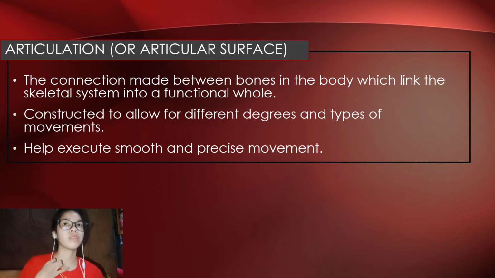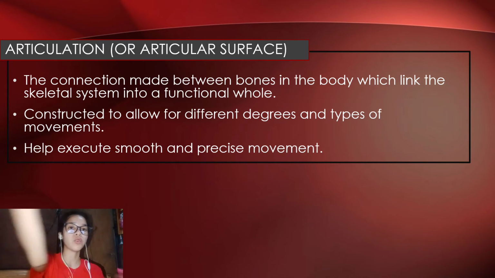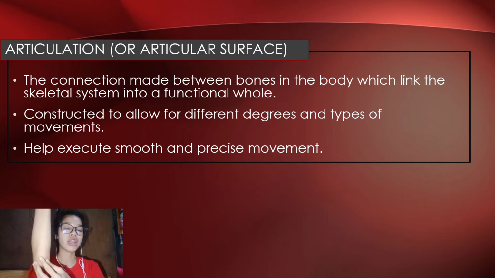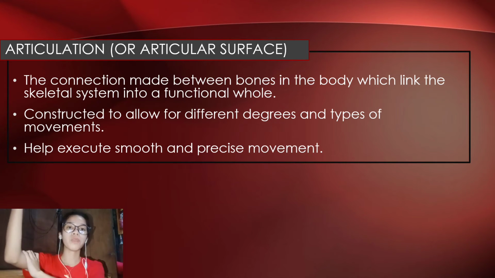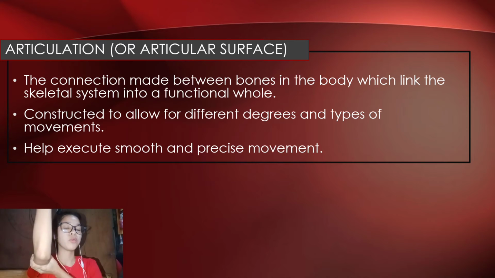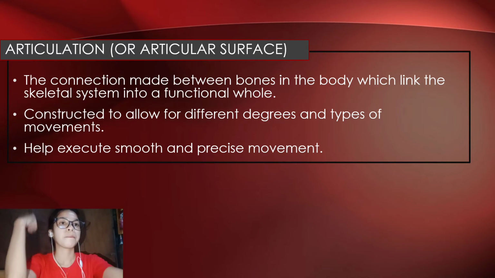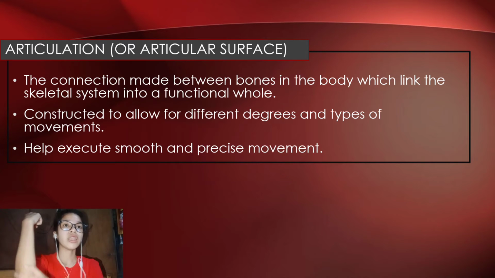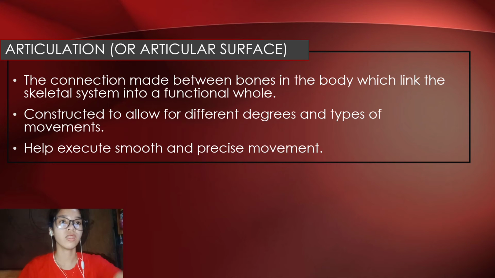So, the movements called flexion and extension, for example at the elbow, are an example of joints. This is one bone and the other is another bone, and they are connected. The connection between two or more bones is what we call articulation. This is why we can flex or extend our arm.